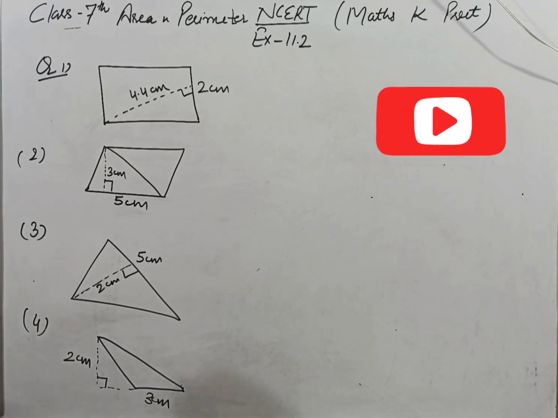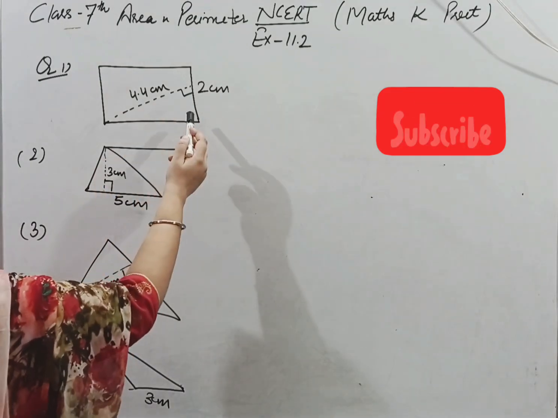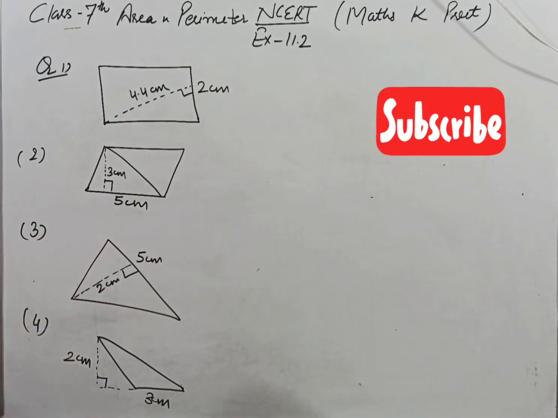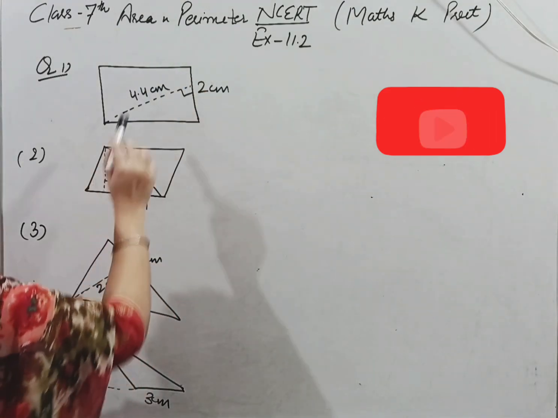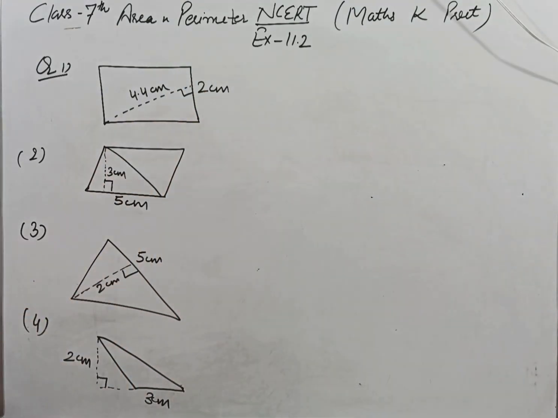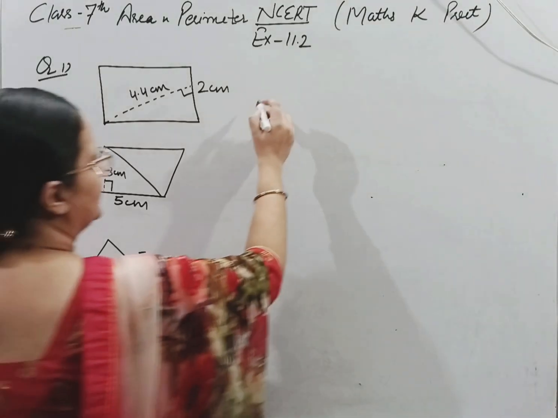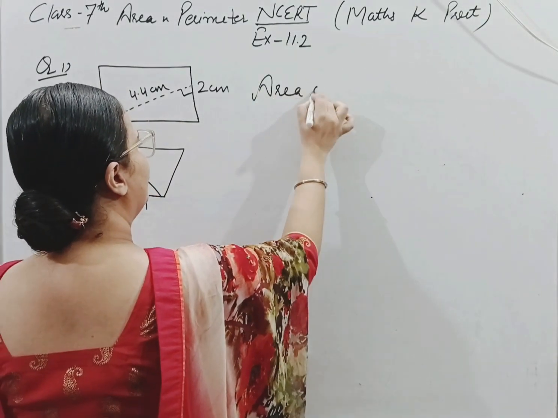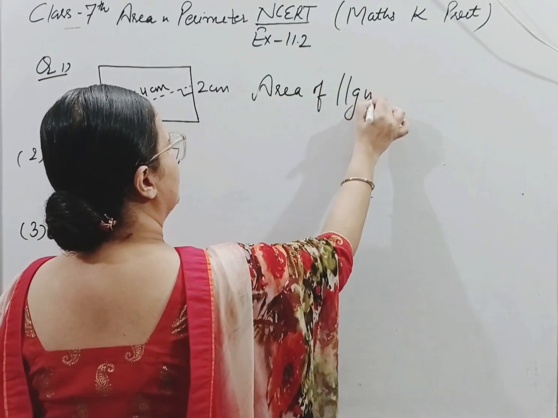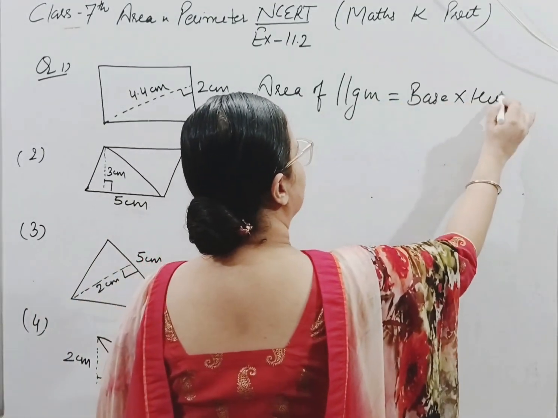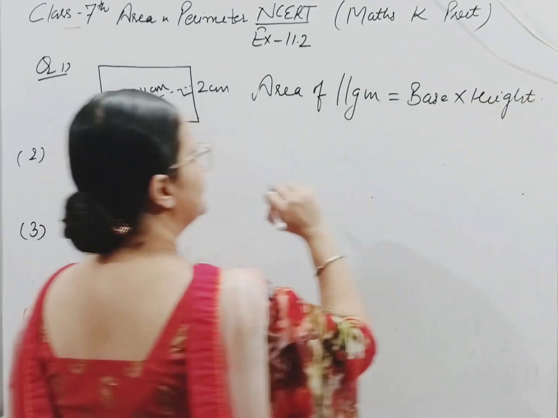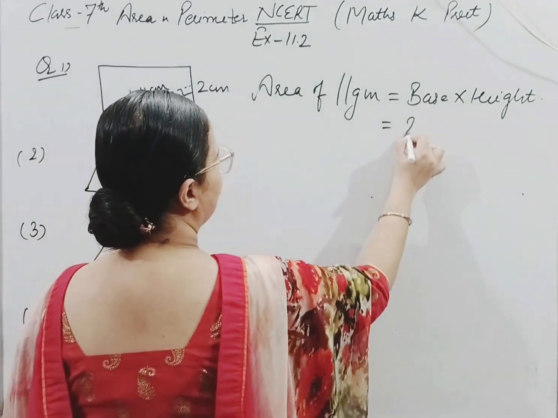In this given figure, we are given the height or altitude, which is 4.4 centimeter, with the base 2 centimeter. One side is given 2 centimeter and the altitude is given. We know that the formula for the area of parallelogram is base into height. This we have seen in the last video. So base is given 2 centimeter. This is my base.